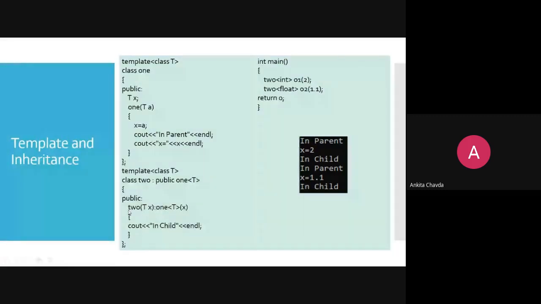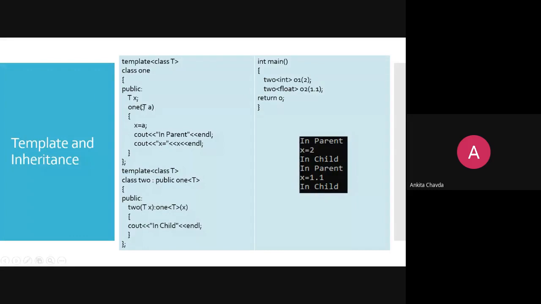Now in the public section, you are having another constructor, 2, with the data type T, colon, because your child class is responsible for calling your parent class whenever it has a parameterized constructor, if you remember, right?